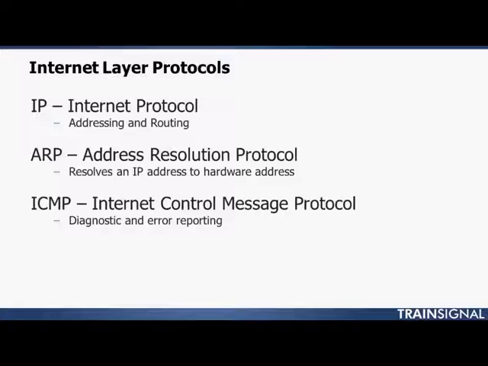But what ICMP does is, if there is some form of error in transmission, it will attempt to send back an error message. The way I like to think of this, using the mail analogy that I keep going back to, is if you were to send a letter, and the post office realizes that you sent it to an address that doesn't exist, or maybe the person doesn't exist at that address anymore.